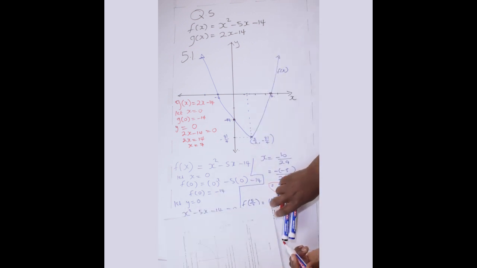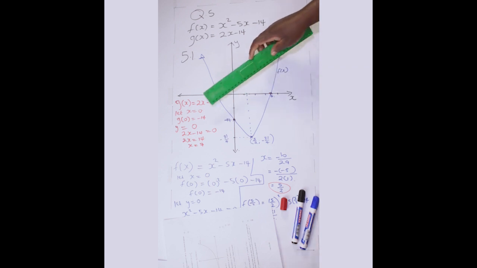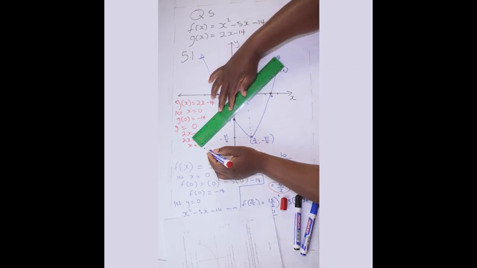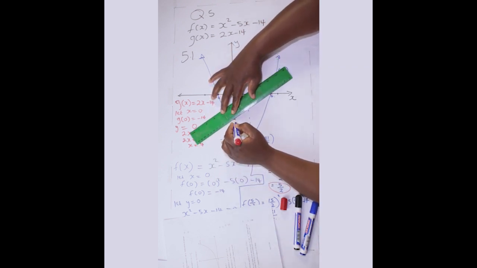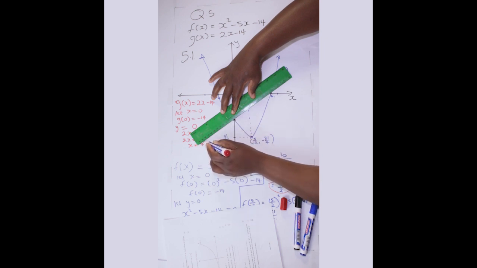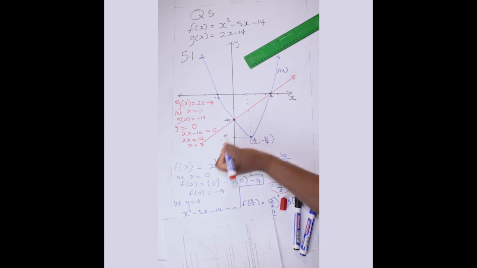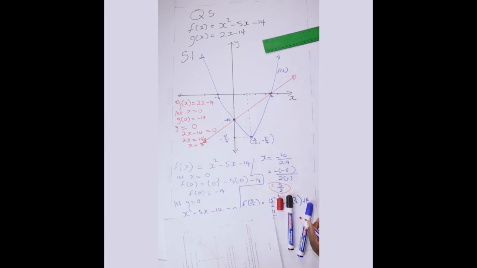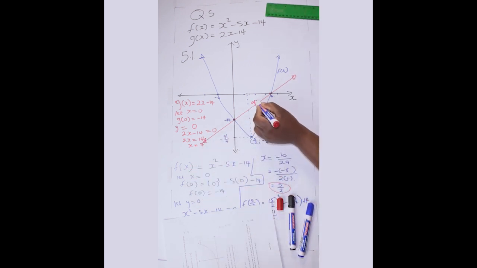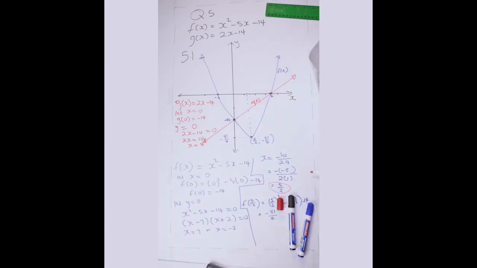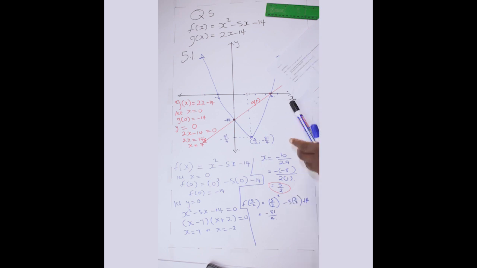Can you see that they all have a common point, which is the intersection of x and y: a minus 14 and a 7. Just put a ruler there and nicely draw a line that will give you the graph of g of x. And that is where your 6 marks lie. Very smooth and straightforward.